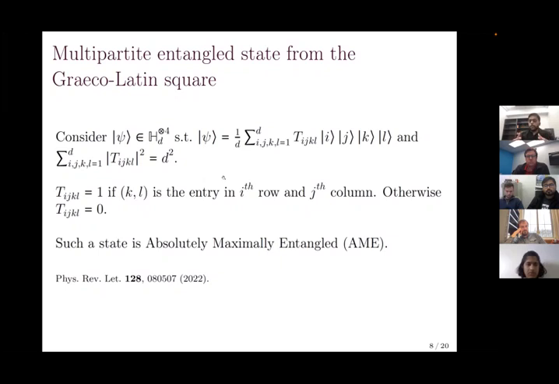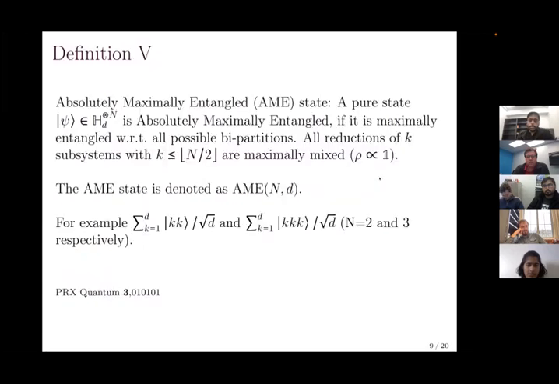So if we have a Greco-Latin square, we have a corresponding state. And the point they make is that such a state is absolutely maximally entangled. What do we mean by that? An absolutely maximally entangled state is a pure state that is maximally entangled with respect to all possible bipartitions.